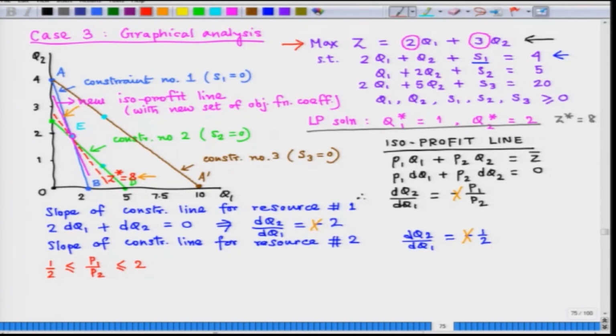Okay. So, let us talk about a simple numerical example to understand. Suppose unit profit of commodity 2 is fixed at its current level, right. So, now I declare that my P2 is 3 and that is not going to change.